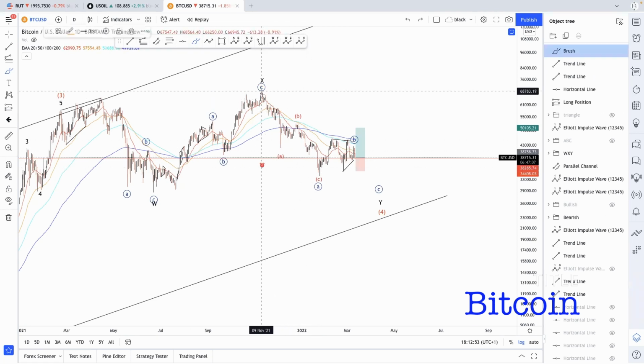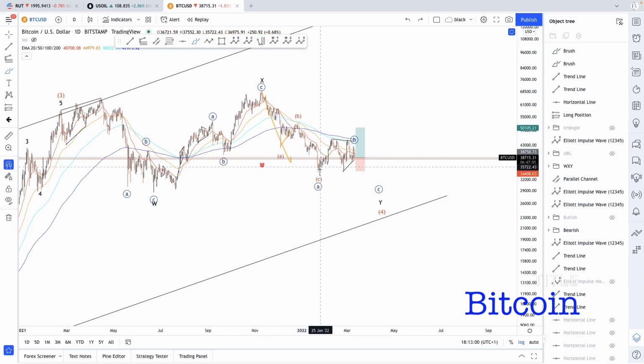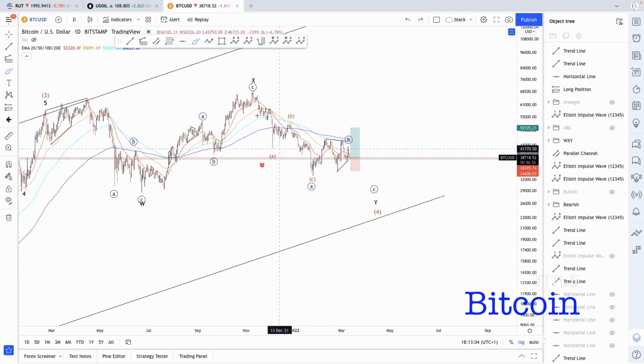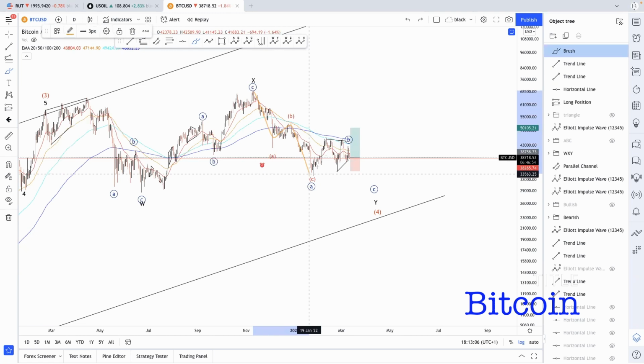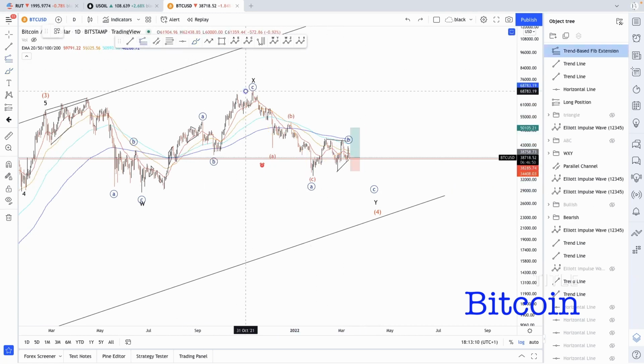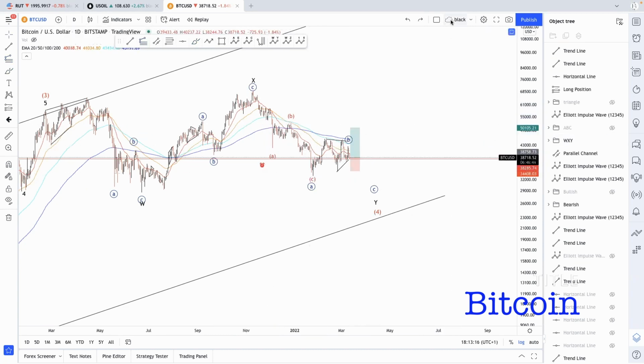We subdivide it as a three-wave move, A, B, and C, so that does not make it trend establishing, which is a good thing. You could count this as 1, 2, 3, 4, 5, maybe, but wave 3 would have to be shorter than 1, and it is. So the alternate would be a diagonal, which I'm going to show you in just a second.